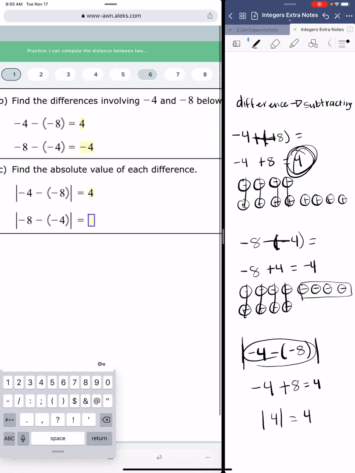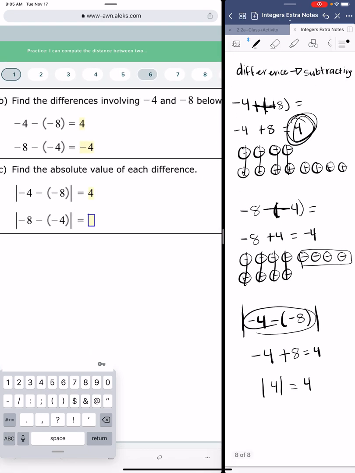Okay, now we need to do the second one, which is find the absolute value of -8 minus -4. So again, we already found that. We know that that's -4. We found it right here. So now we have the absolute value of -4.